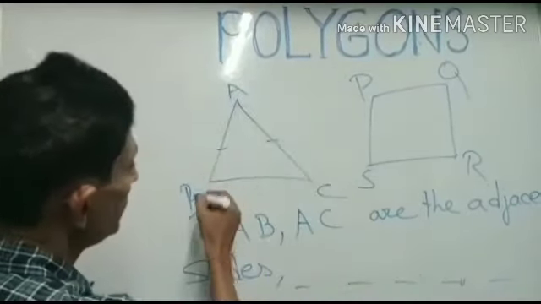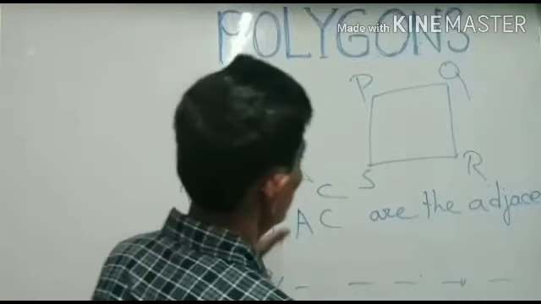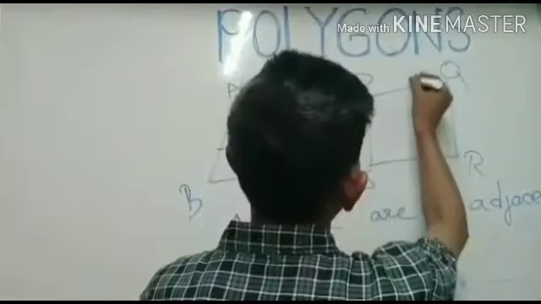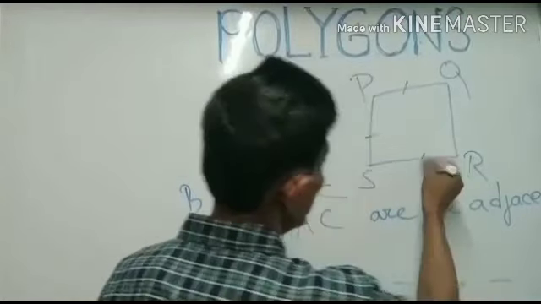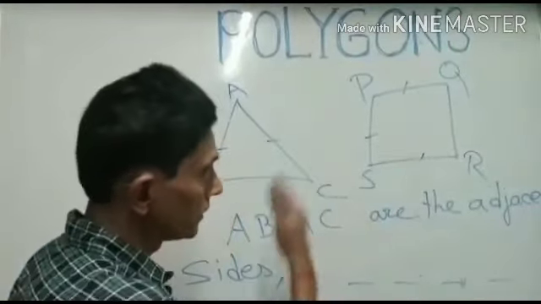AB, AC, AB, BC, BC, AC, like this. Here PQ, PS, RS, like this. These are the adjacent sides.